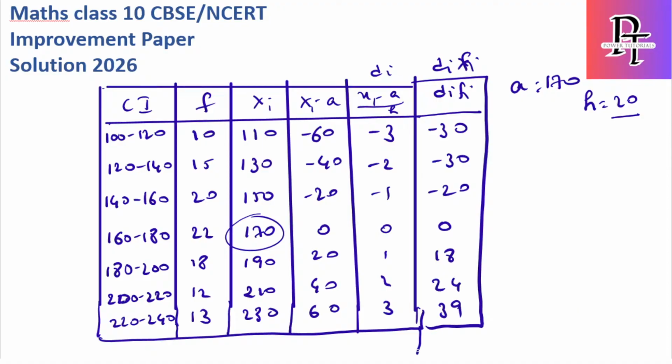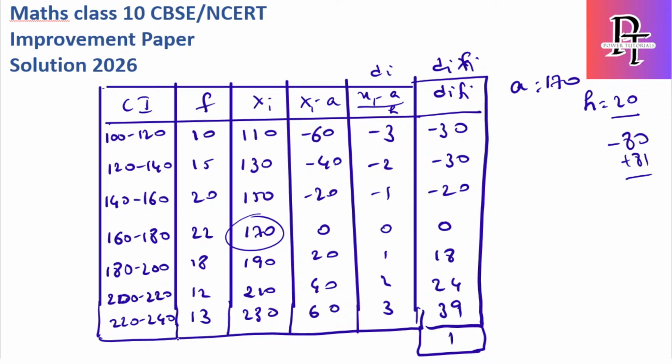We have to just add all these values. Minus 30 and minus 30 is minus 60, minus 60 minus 20 is minus 80. What about here? 18 plus 24 is 42, 42 plus 39 is 81. So it is simple, 81 minus 80. The sigma of di fi is 1.